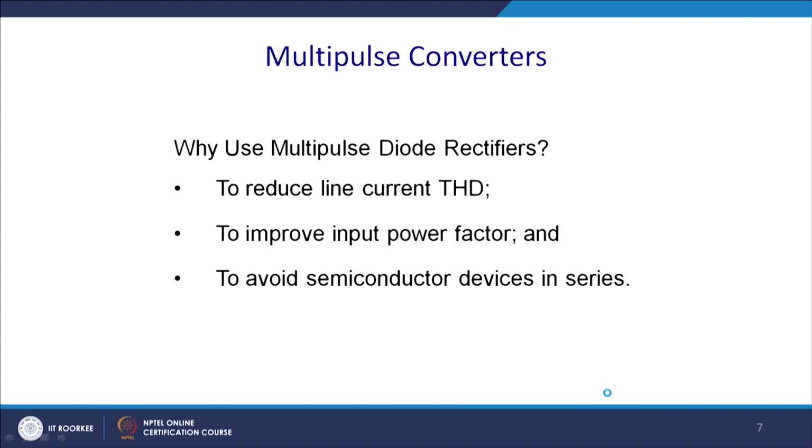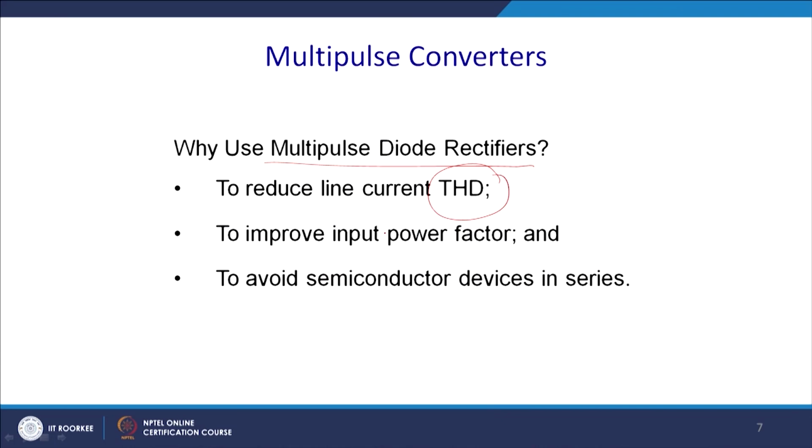Now, this is the problem of the converter. So, why use the multi-pulse diode rectifier? Because we will find, I will show a little later, that the current THD will be around 30%, and to improve the input power factor, you require it to be close to 0.95, and to avoid semiconductor devices in series, which may be damaged severely.